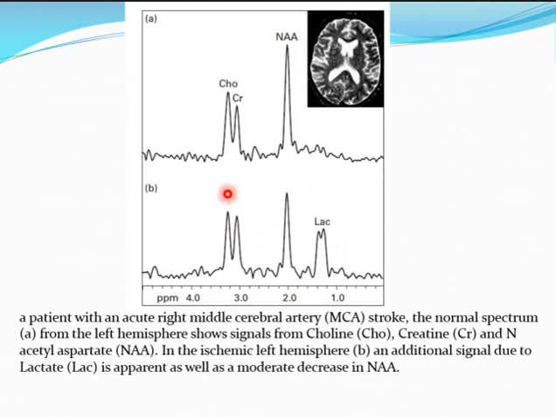What do you see here? You see the choline, creatine, and NAA, N-acetyl aspartate. And you notice the normal part showing high NAA, while it's decreased in the abnormal part. And there is this peak, the lactate peak, indicating anaerobic metabolism, okay, in this part.